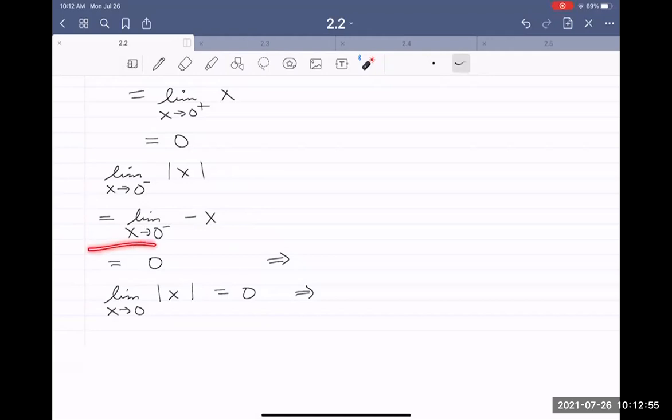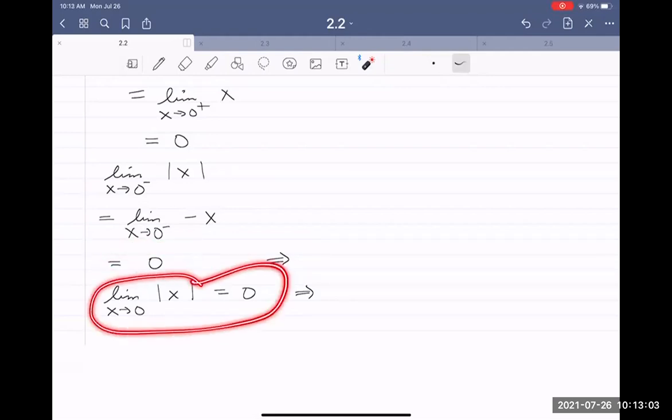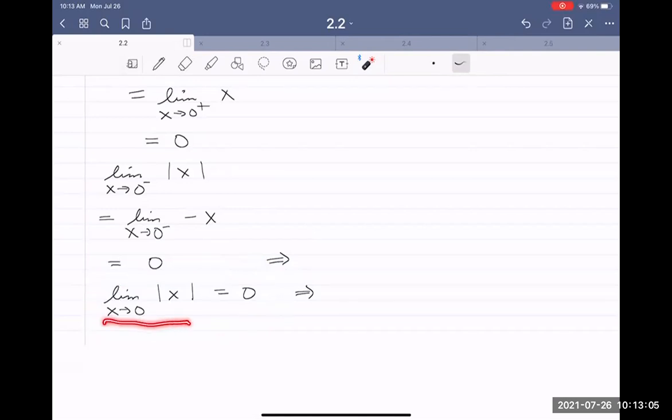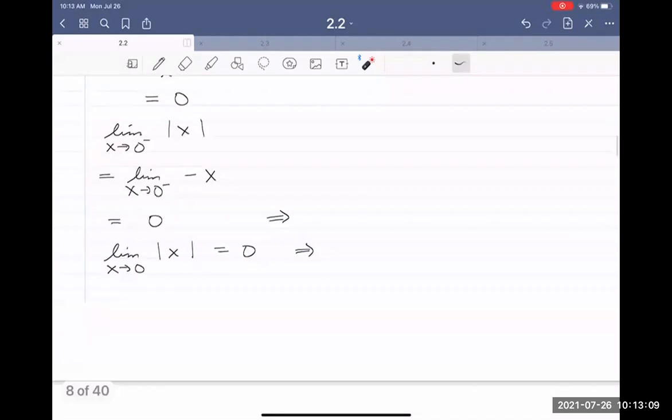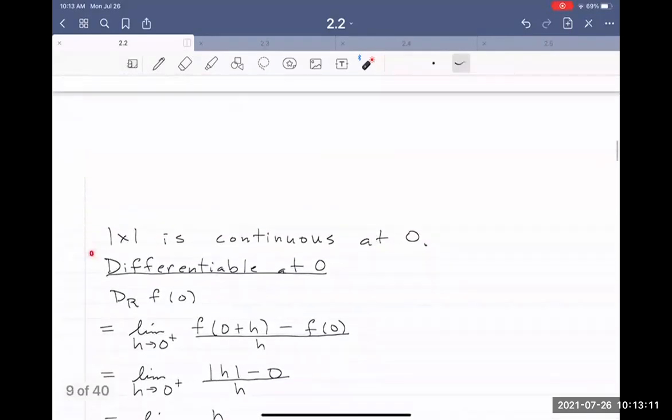So this is equal to the limit as x approaches 0 from the left side of negative x, which again is just 0. Therefore, the limit as x approaches 0 of the absolute value of x is 0. Therefore, the absolute value of x is continuous at 0.